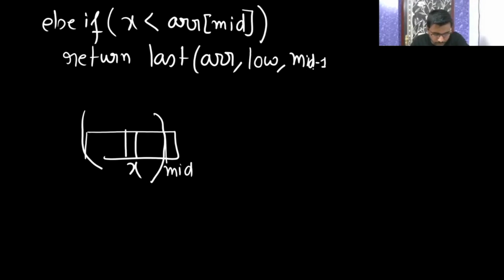Very good, Nisu. Now search the element x and give the index, search the element x in the array of size n. So the call is array, low, mid minus 1, x, n.